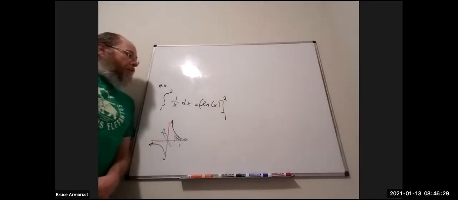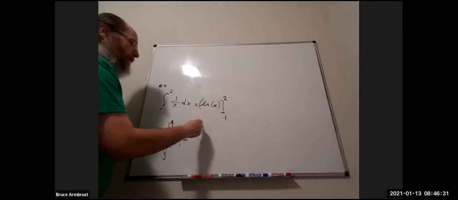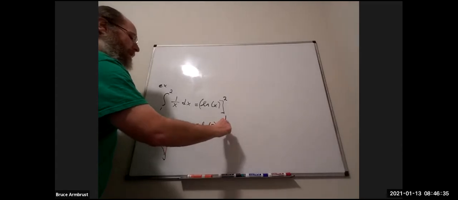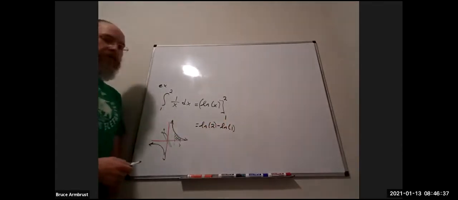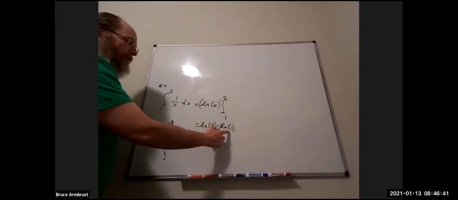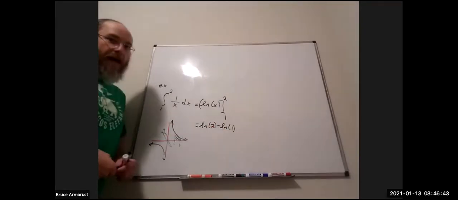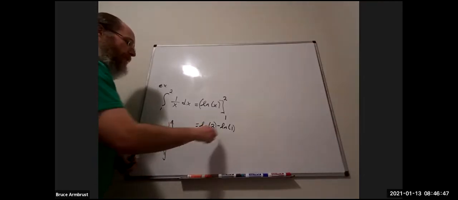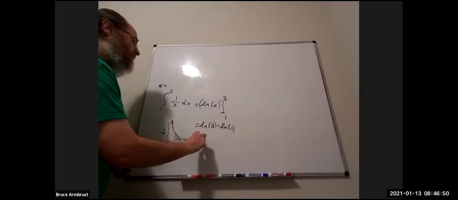Anyway, so the antiderivative of 1 over x is the natural log of x. So at this point now, we plug in our bounds. We're going to get the natural log of 2 minus the natural log of 1. And the natural log of 1, hopefully you guys remember that. If you don't remember that, get to know it. The natural log of 1 is just 0.